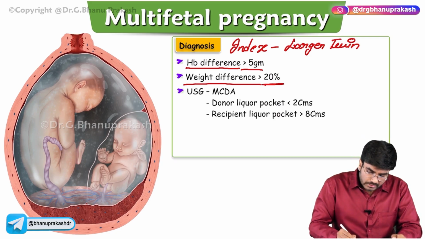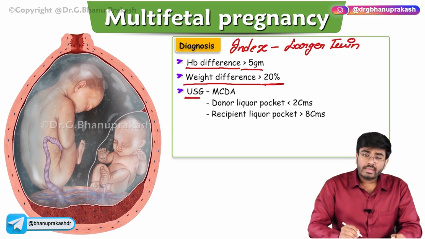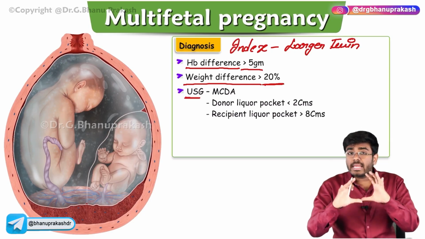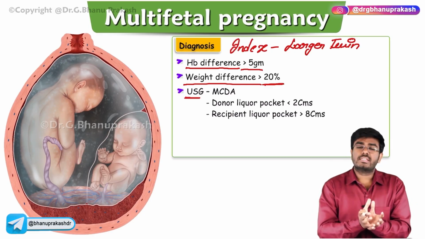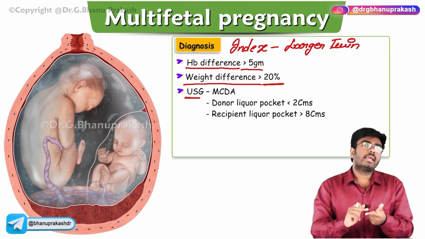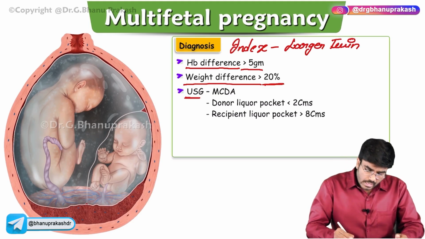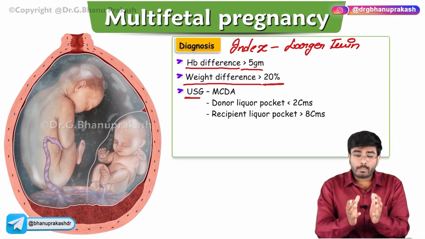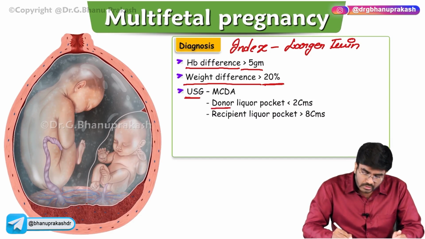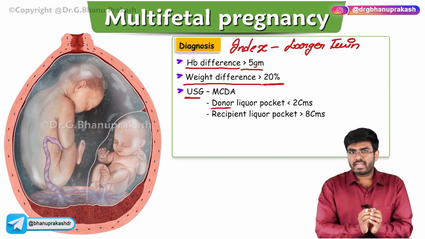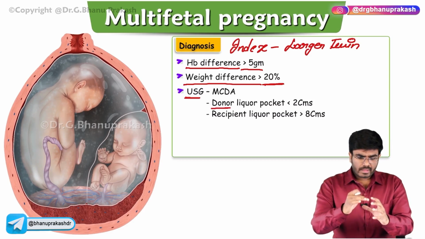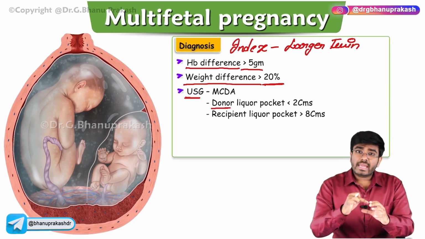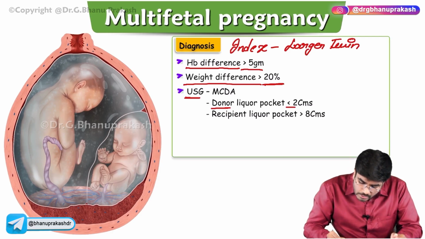Now, if you perform ultrasonography, there you can see the type of placentation, the type of chorionicity, is going to be monochorionic diamniotic placentation. If you look at the amniotic fluid pockets, the donor twin is going to have a very small amniotic cavity. Okay, the length of the amniotic pocket is going to be less than 2 centimeters.